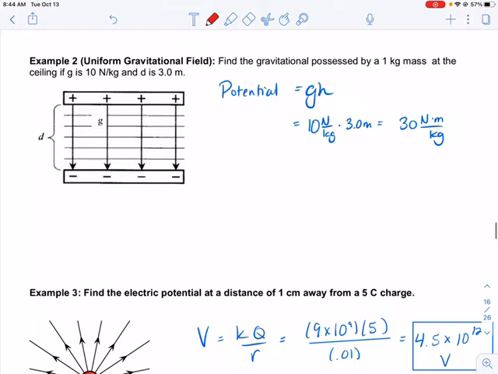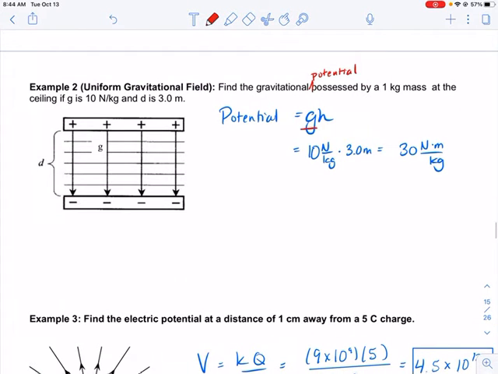Let's look at how this works with gravity. Find the gravitational potential, I didn't proofread very well here, possessed by a 1 kilogram mass at the ceiling if g is 10 newtons per kilogram and D is 3 meters. This is the same idea. We take the strength of the field times the distance. The strength of the field is 10 newtons per kilogram.